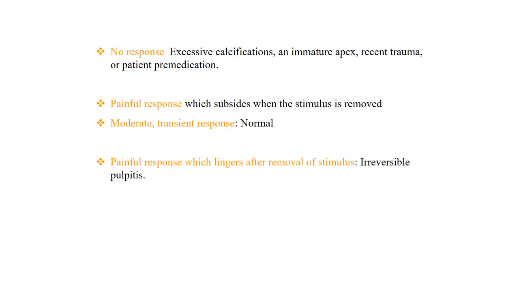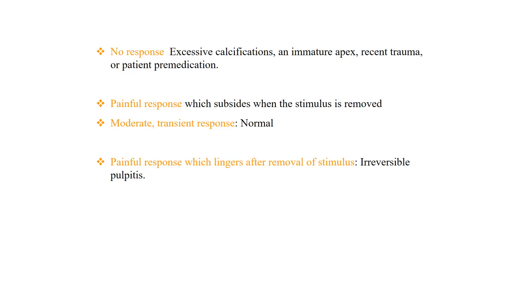Now, the other response given by the pulp could be a painful response which subsides when the stimulus is removed. This could be an indication of a reversible pulpal condition which could be caused because of caries, a high point in a tooth, or a recent trauma. Again, in this case, wait and watch will be the best policy.